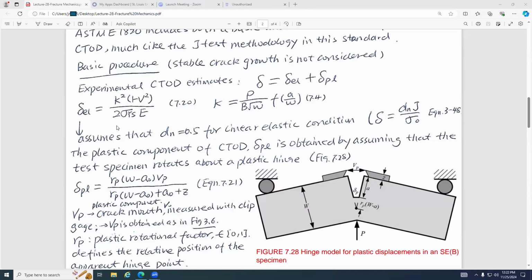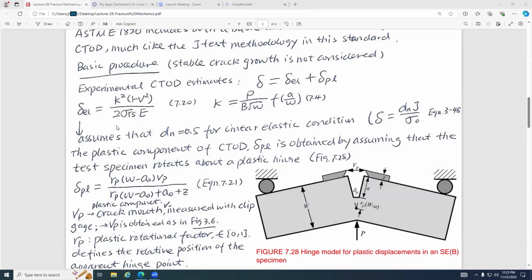Luckily, we know the similarity between these two triangles. If we draw a vertical line, this triangle will be similar to this triangle. Based on the similarity of these two red triangles, we can derive delta PL once we have the value VP, which can be measured directly.